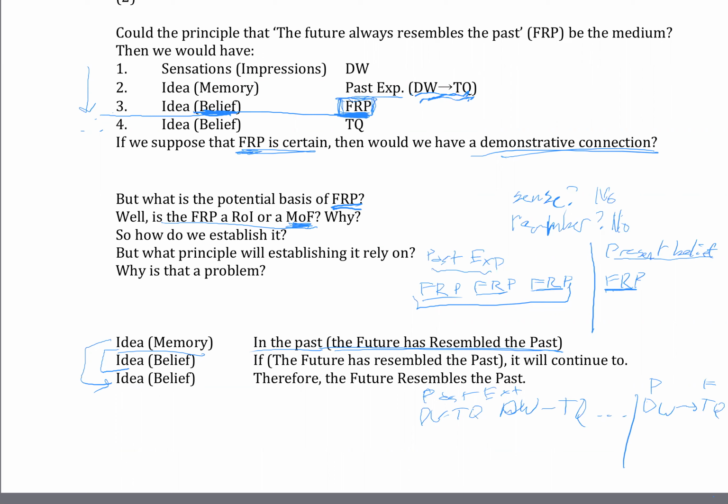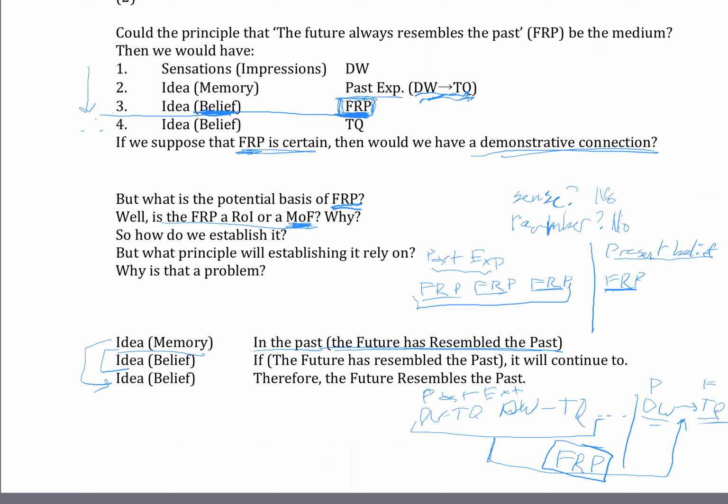right? The thing that connected up this past experience and let me draw this inference was the future resembles the past, right? And we saw that if I could know the future resembles the past, well, then we would have a bit of probable reasoning that could get us to my thirst being quenched upon my drinking water through the medium of past experience and the future resembling the past, right?